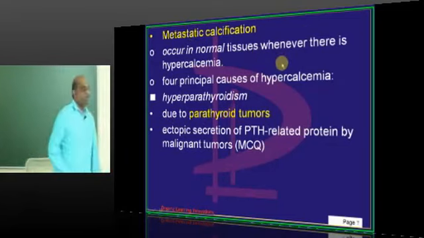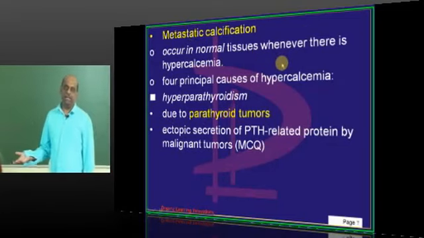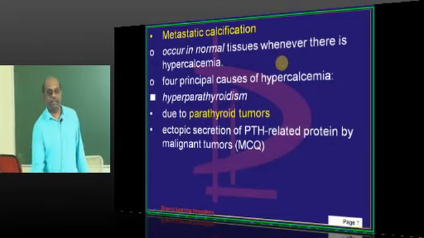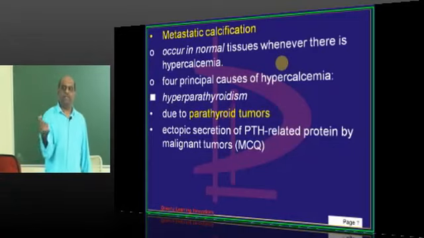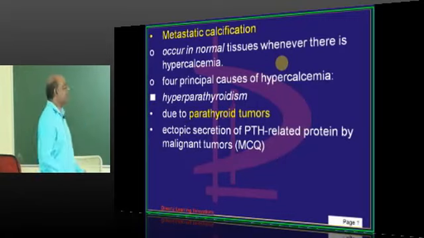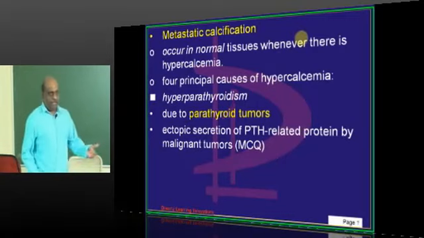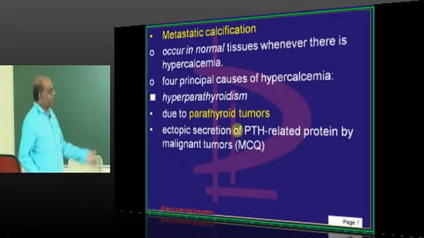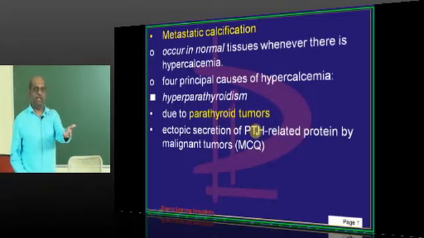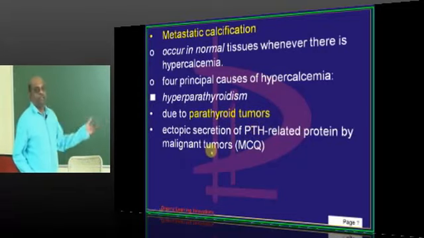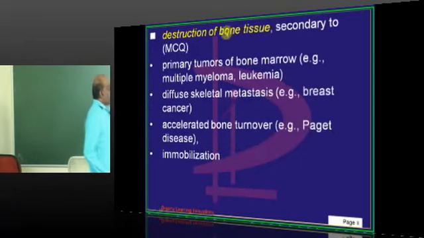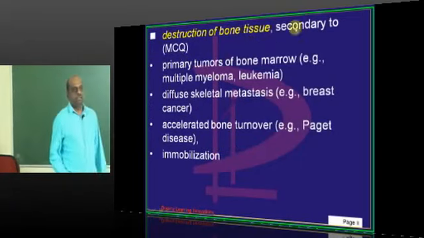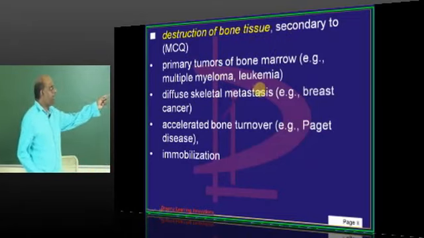Then metastatic, when hypercalcemia is there. Obviously all causes which lead to hypercalcemia. What are the four major causes that you will remember reflexively when we say hypercalcemia? Hyperparathyroidism due to a parathyroid tumor or any PTH related protein produced by malignant tumors. Any destruction of bone tissue, like in multiple myeloma or leukemia.